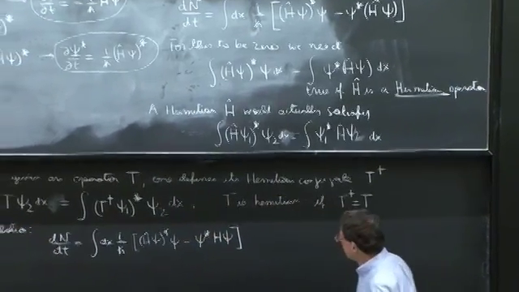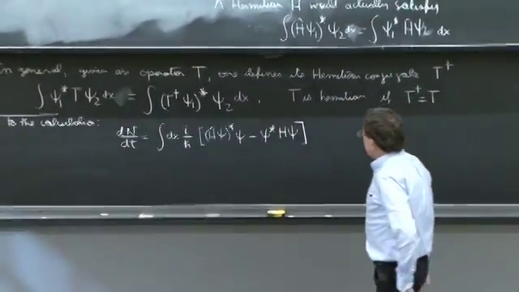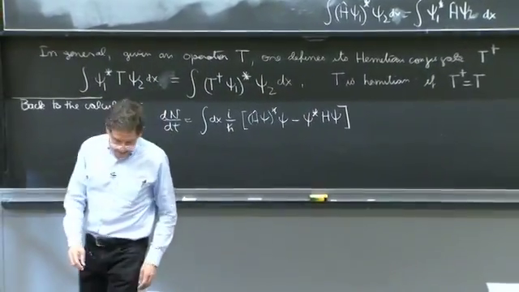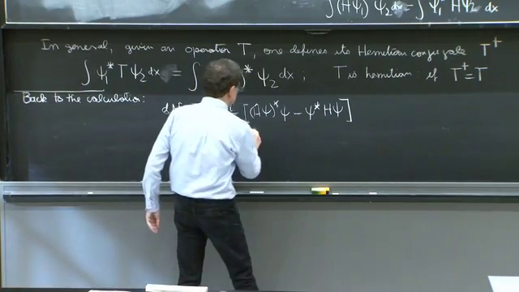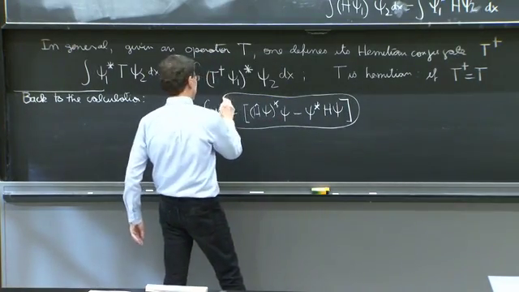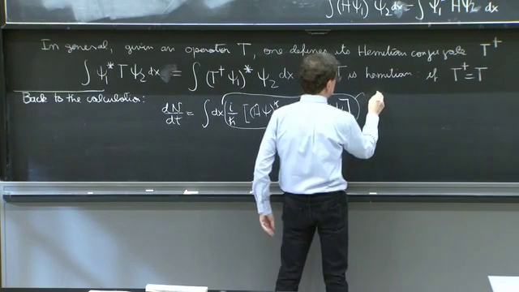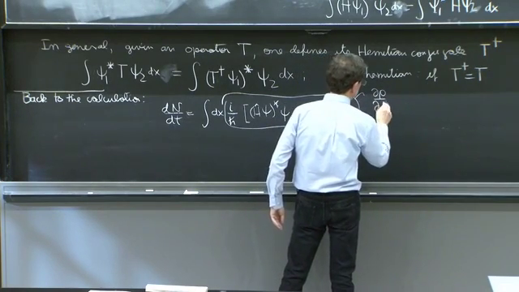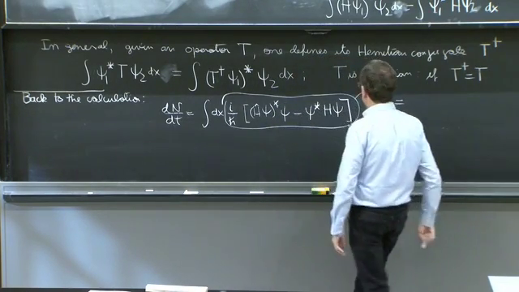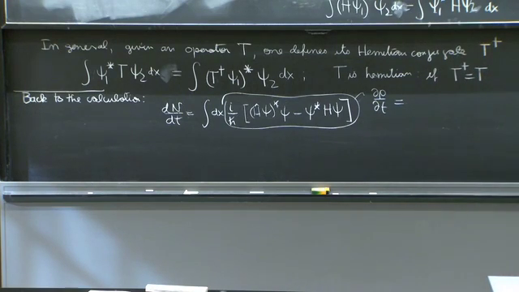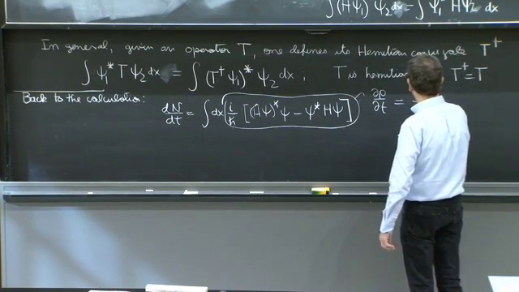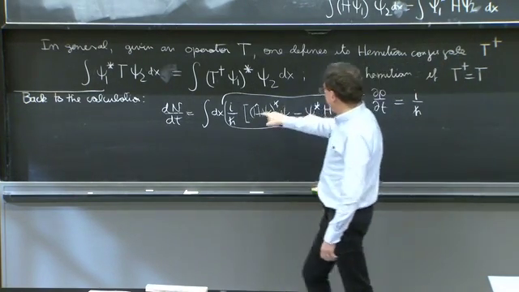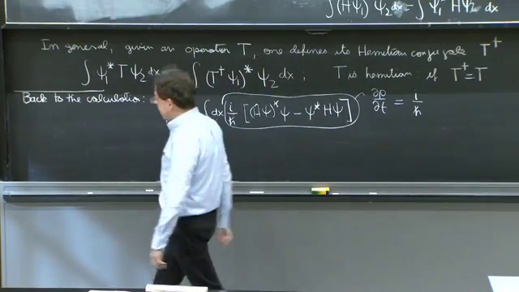Okay. Well, let's do this. This whole quantity is d rho dt, and let's see how much it is. Well, you would have the following: i over h bar, H psi star.